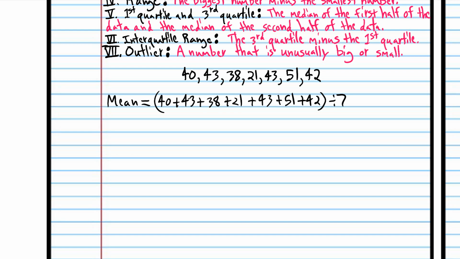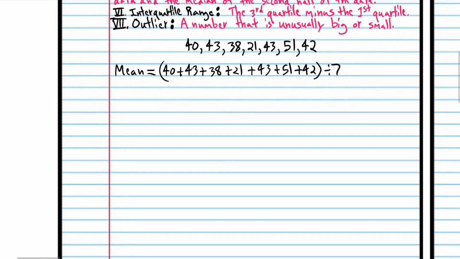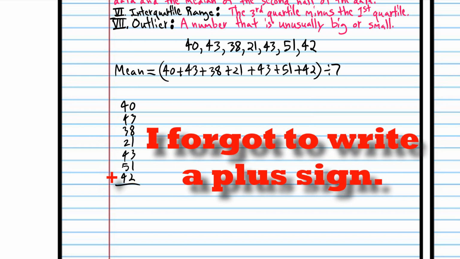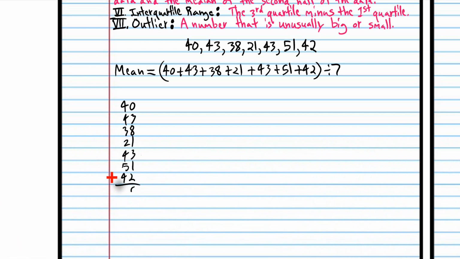So let's go ahead and add those up. That's a lot of numbers, so we're going to have to line them up vertically like we learned in previous classes. All right, so we're going to add up all these numbers in the ones place. And I get 18.